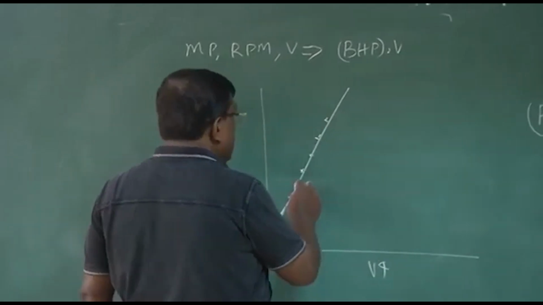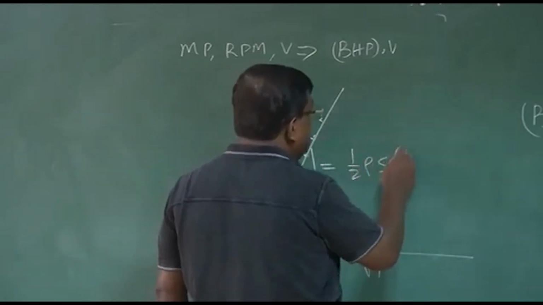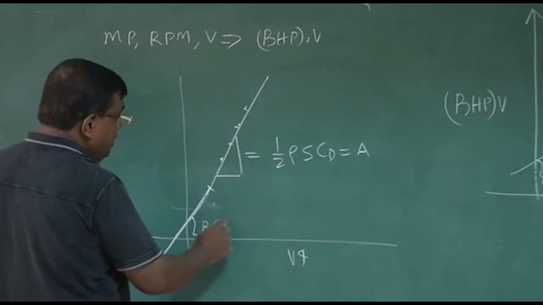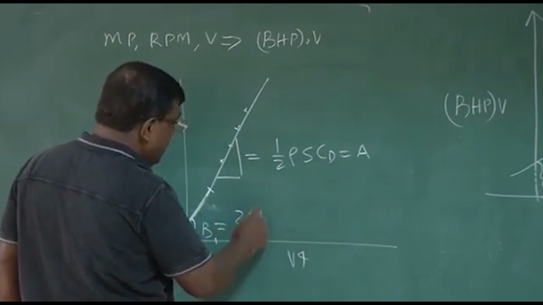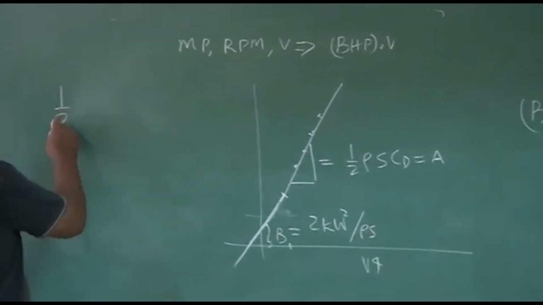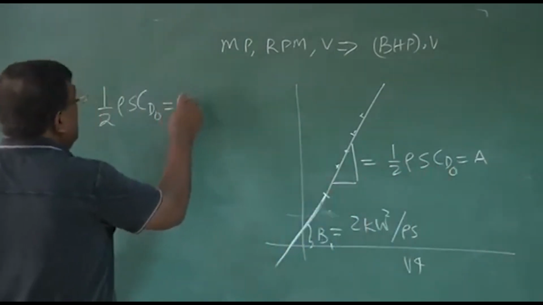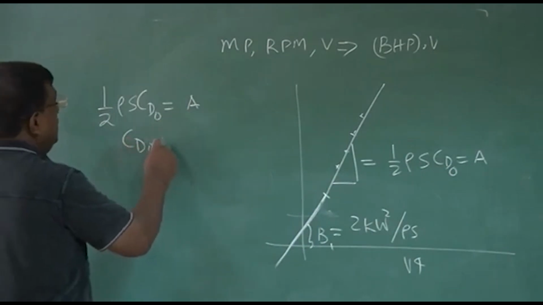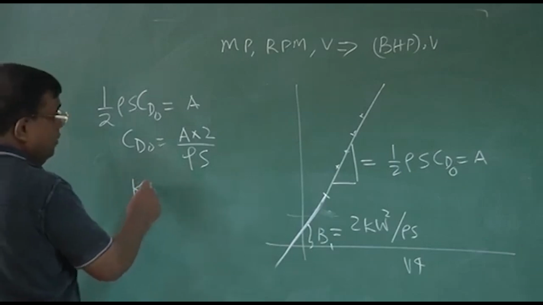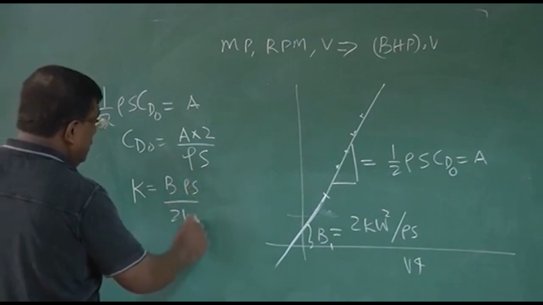Once you do that, you take the slope, and this is equated to half rho S CD naught. Let's say this slope is A, and this intercept is B, and that should be equal to 2K W square by rho S. So CD naught will be equal to A into 2 divided by rho S, and K will be equal to B into rho S by 2 W square.